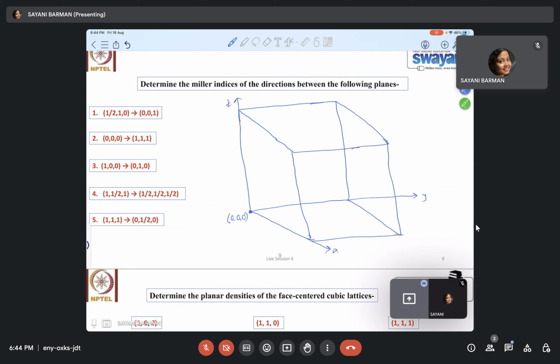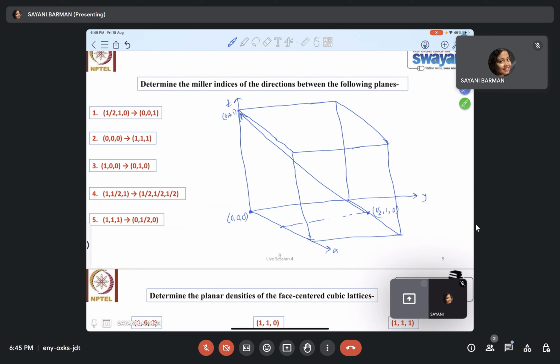So half along x axis, 1 unit along y axis, and there is nothing along z axis. So this is the first point, half 1 0. Now to 0 0 1. This is 0 0, only in z direction it's 1. So this will be the direction. So this is the first direction.